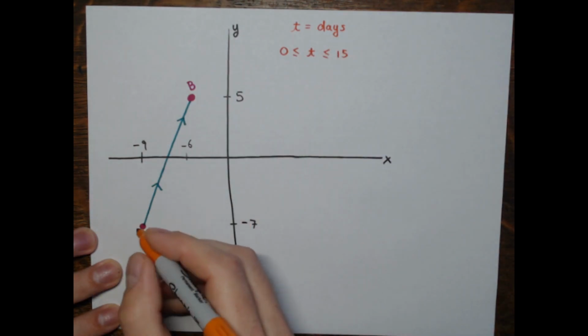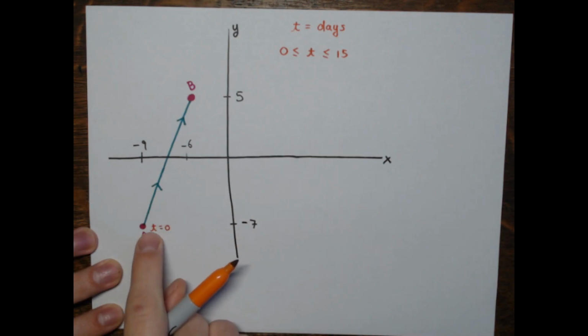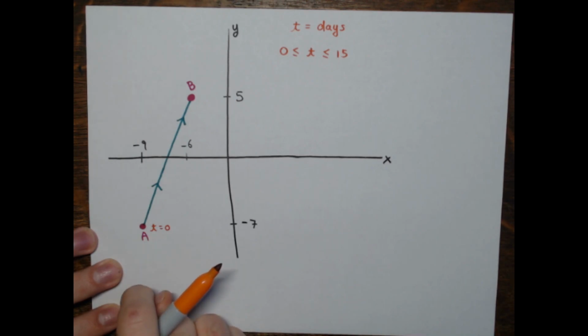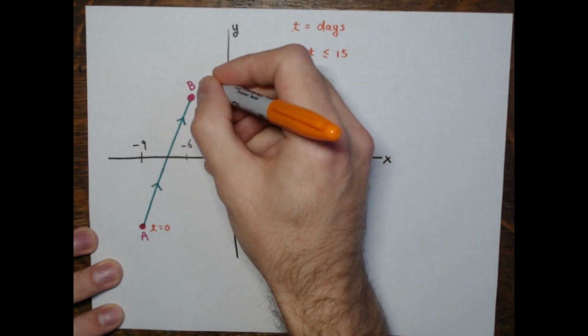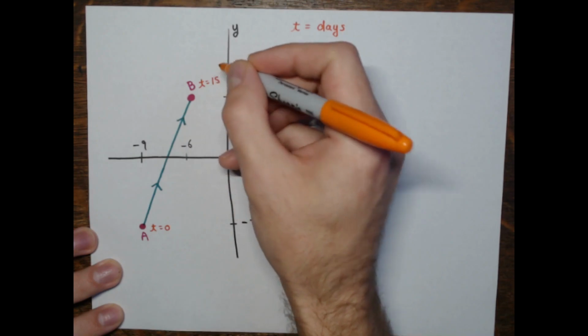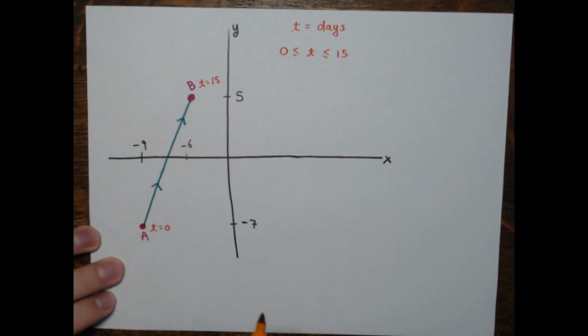I would like this to happen: when t equals 0, I want to be at the point -9, -7. And when t equals 15, I want to be at the point -6, 5.